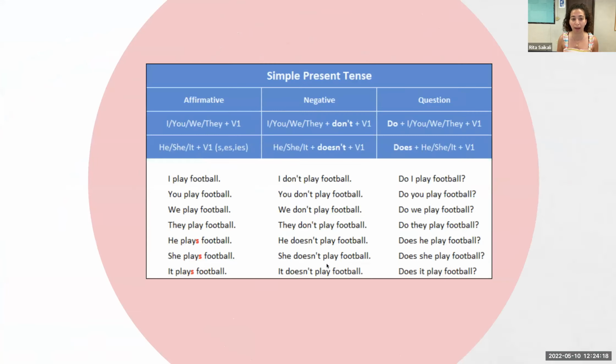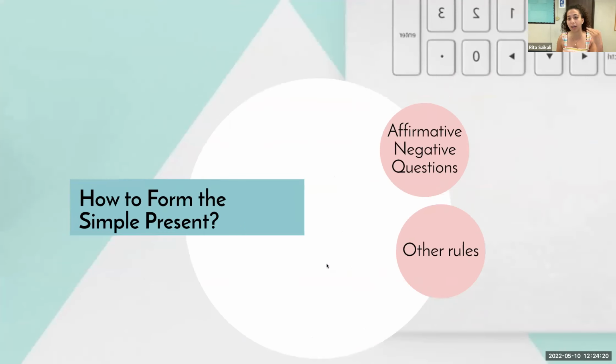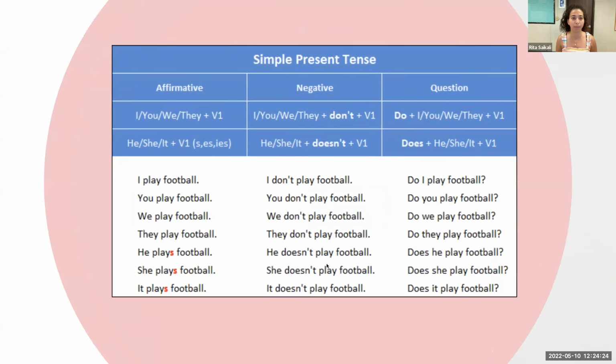Cool. So we're going to talk about affirmative, negatives, and questions. Okay. So with affirmative, which is like positive, right? So we have affirmative and then negative. Yeah. So affirmative is almost positive. We have the noun or the pronoun plus the verb. Okay.